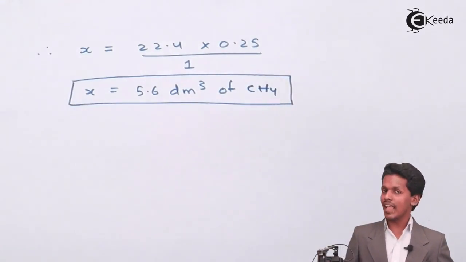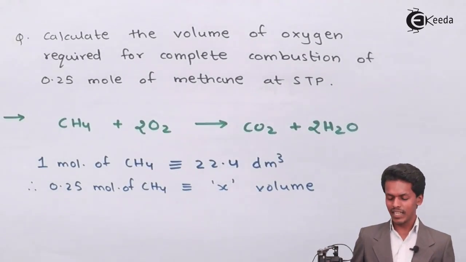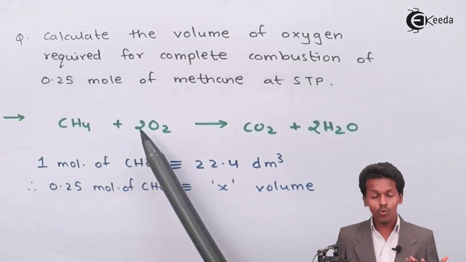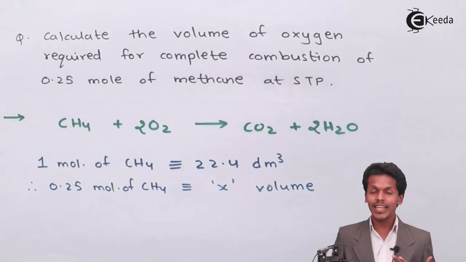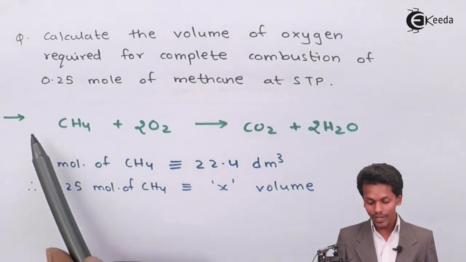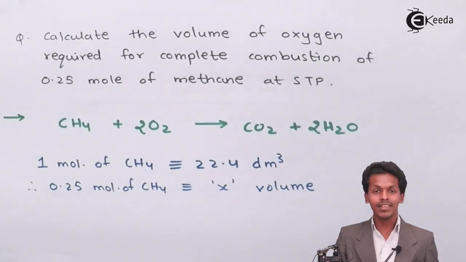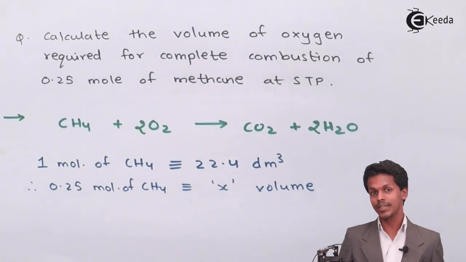But if we see the reaction, we could easily estimate that if 1 mole of methane needs 2 moles of oxygen, then 0.25 mole of methane will need double the moles of oxygen, that is 0.5 moles of oxygen.